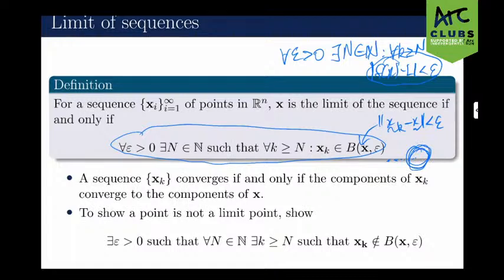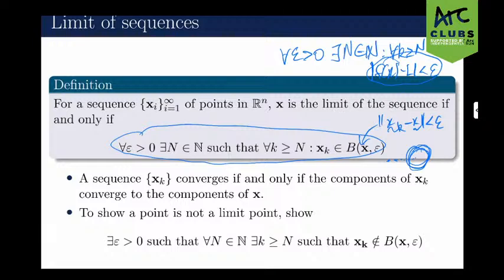On the other hand, I want to show a point is not a limit. This applies to lots of different types of problems, not just this case: whenever a question wants you to prove something is not something, all you really need to do is negate the definition. Later I'm going to have some examples, like how do we show something is not open or not closed.